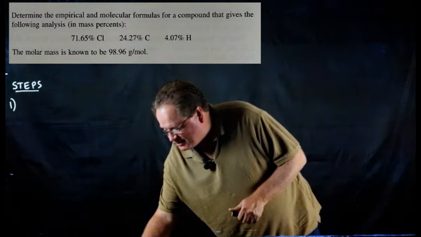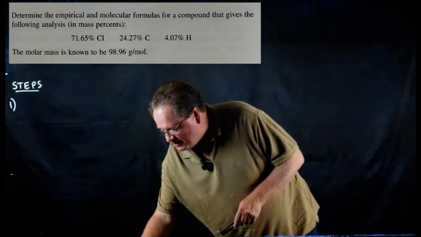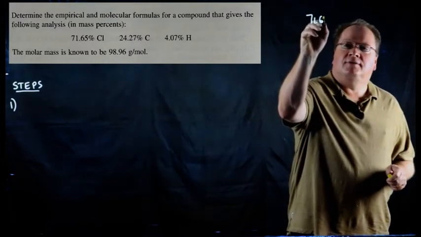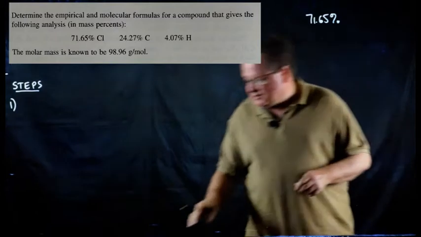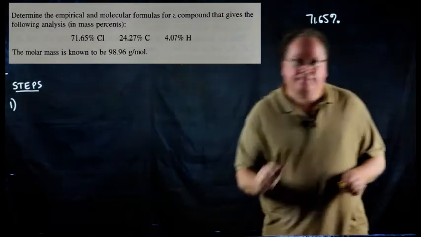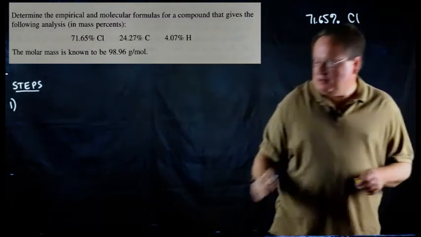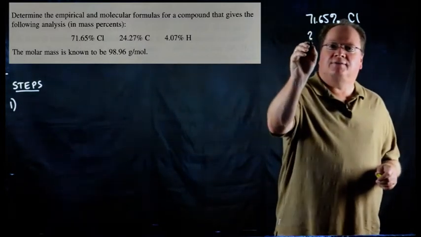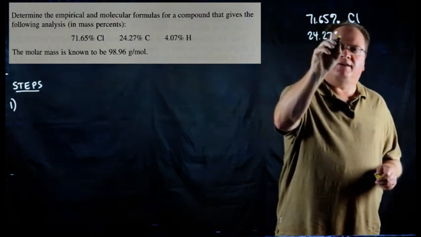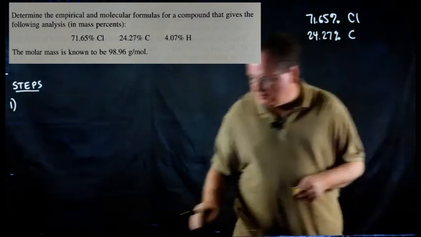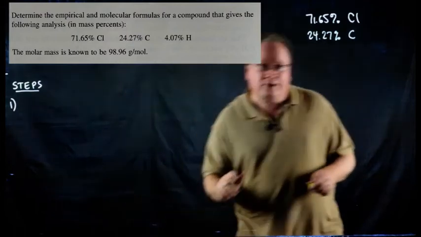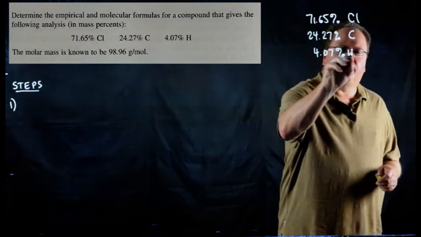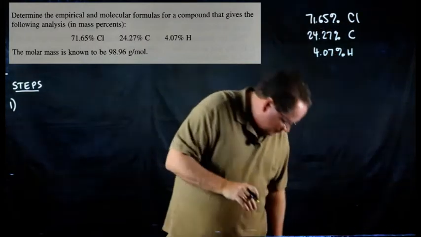The mass percentages are 71.65% chlorine, 24.27% carbon, and 4.07% hydrogen.